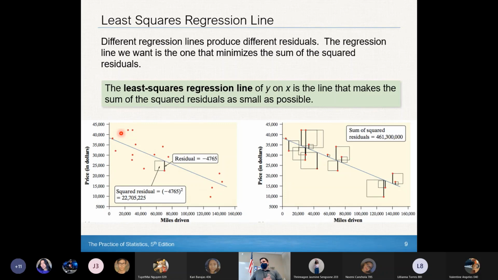That was the linear regression command that we used in the calculator, that number 8 option. It's for the least squares regression line. And we have this visual here of the squaring of each of the residuals. The sum of the squared residuals here is a really big number, but it's probably the best we can do, given the data.